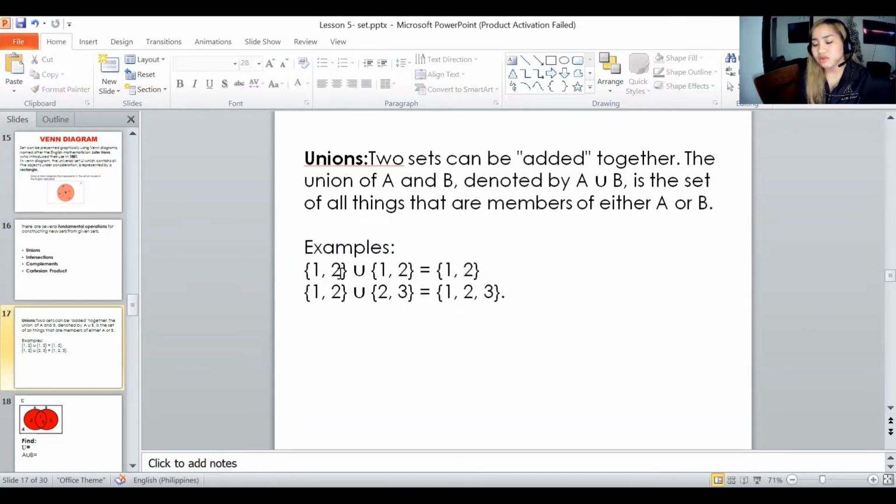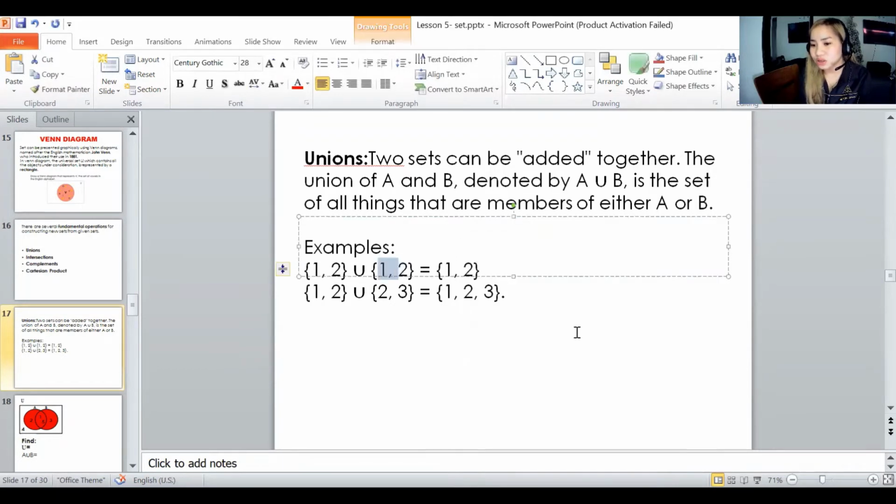So, we have this example. First set, we have 1, 2. Second set, we have 1, 2 rin po. Kapag po pinag-combine sila using the union, ayan, the final answer is 1, 2. As I said a while ago po, kahit ilang beses inuulit yung elements inside set, kapag pinagsama sila, as 1 po silang inilalagay dito.